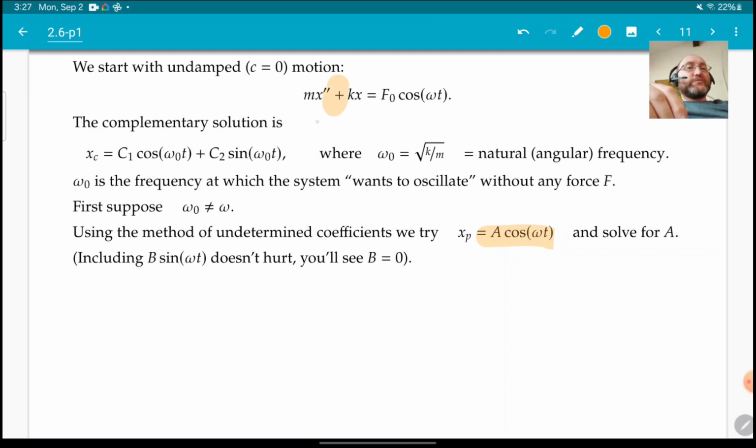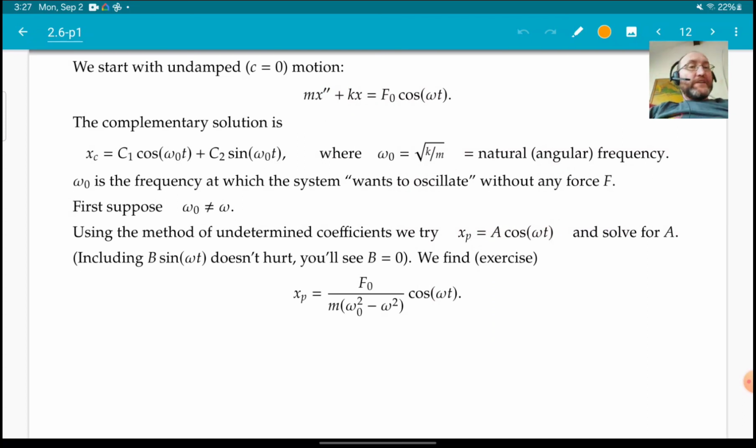Why? Because there's no x prime here. There's just x double prime and x, and so two derivatives of cosine is still cosine, with some factor of omega coming out, but there's no sine. But if you're worried, you can always include it. You'll just find that B is 0.